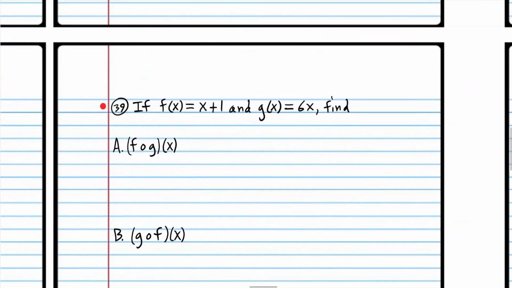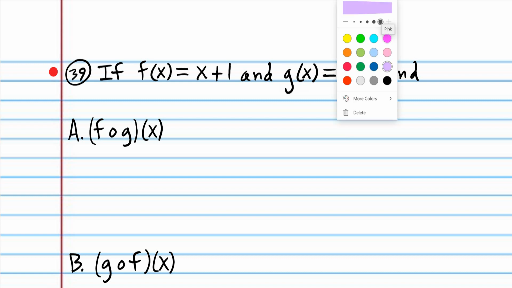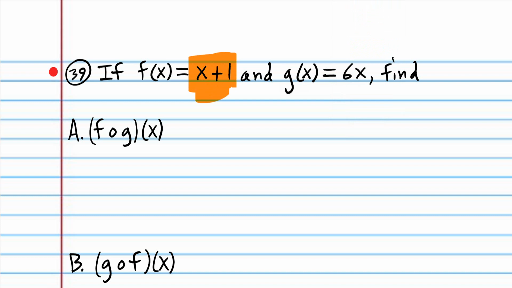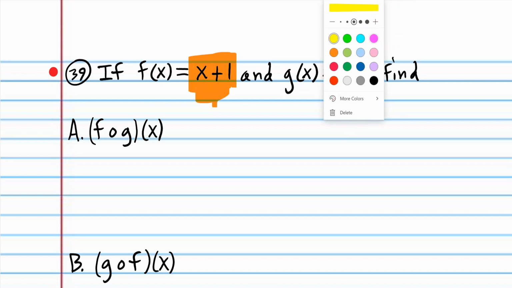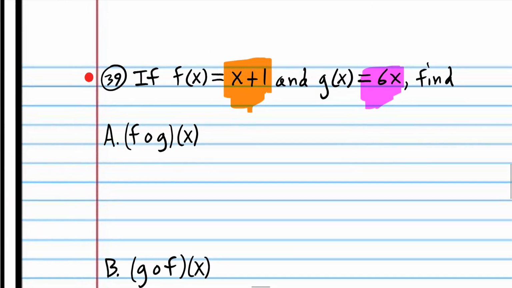Let's try 39. So we have some expressions again, and I think I'll color this expression orange, and this expression purple. So this expression is just a different way of writing f of g of x.